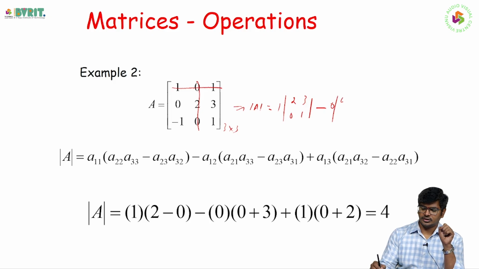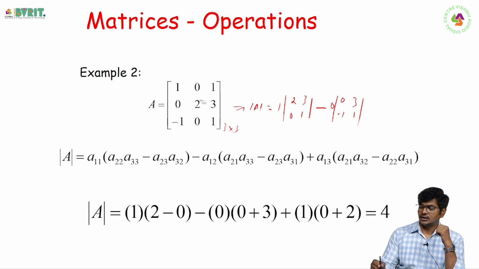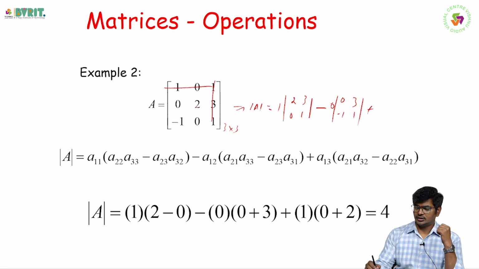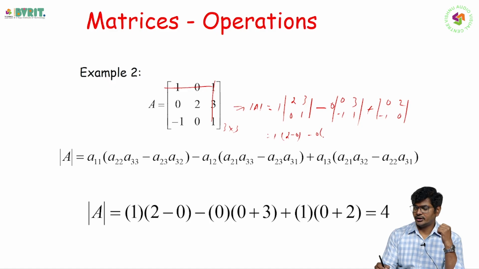That is 0, 3, minus 1, 1. Next, plus the determinant with 0, 2, minus 1, 0. That is 1 into, what is the formula? AD minus BC: 2 minus 0, minus 0 into any number, 0 minus, plus 3 plus 1 into 0 plus 2, that is 2 minus 0 plus 2, that is 4, the answer.